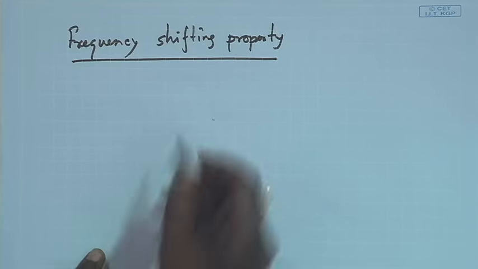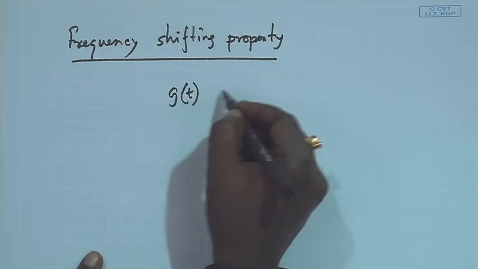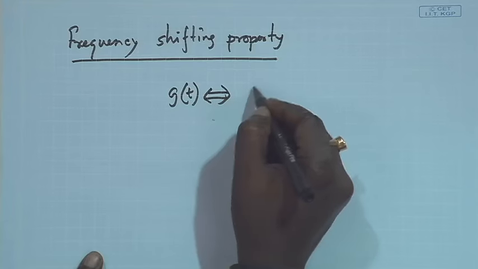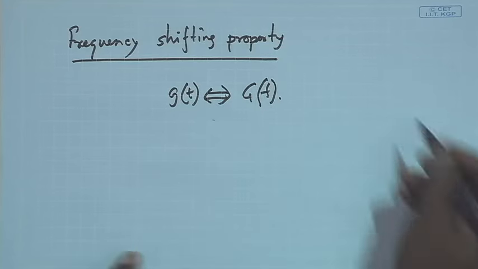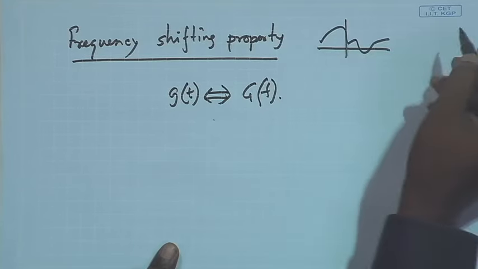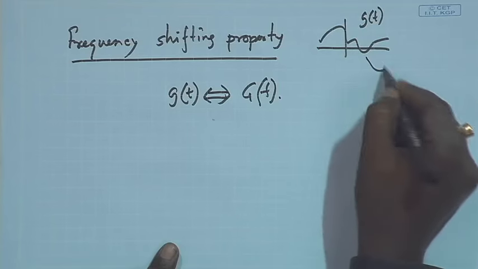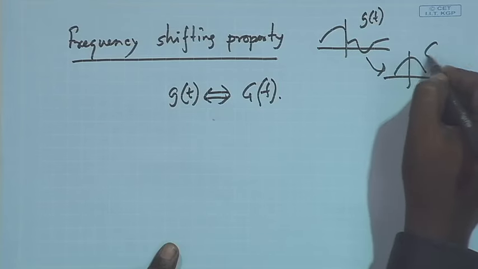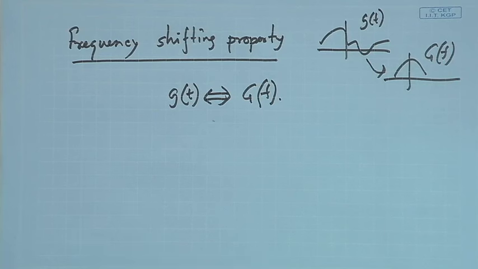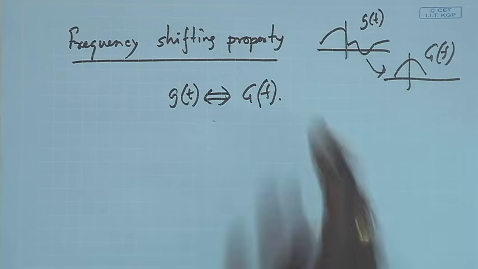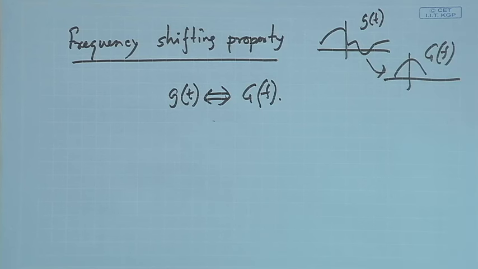Let us try to see. Suppose I have a signal g(t), and I already know its Fourier transform, let us say this is G(f). This pair we have already evaluated by means of the Fourier transform. So, this is given, suppose.